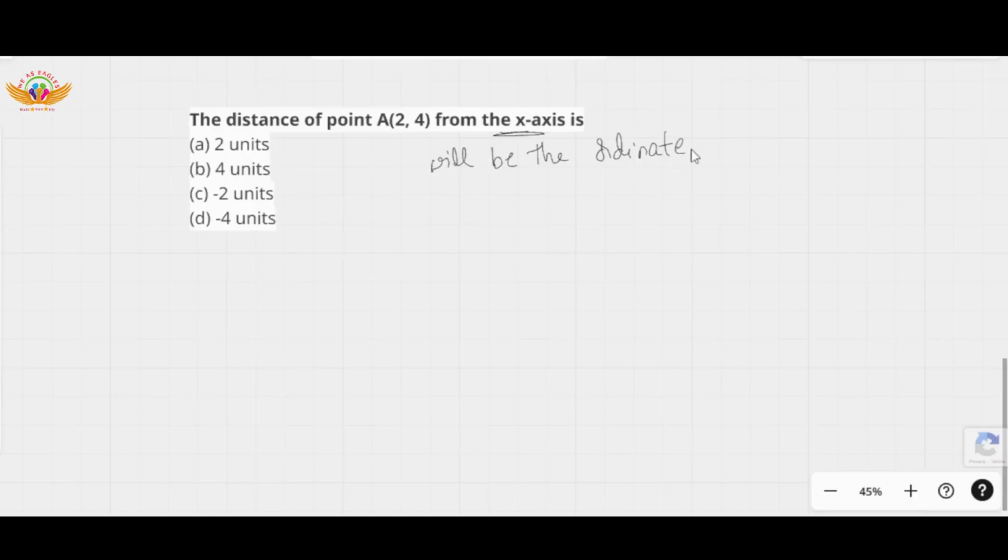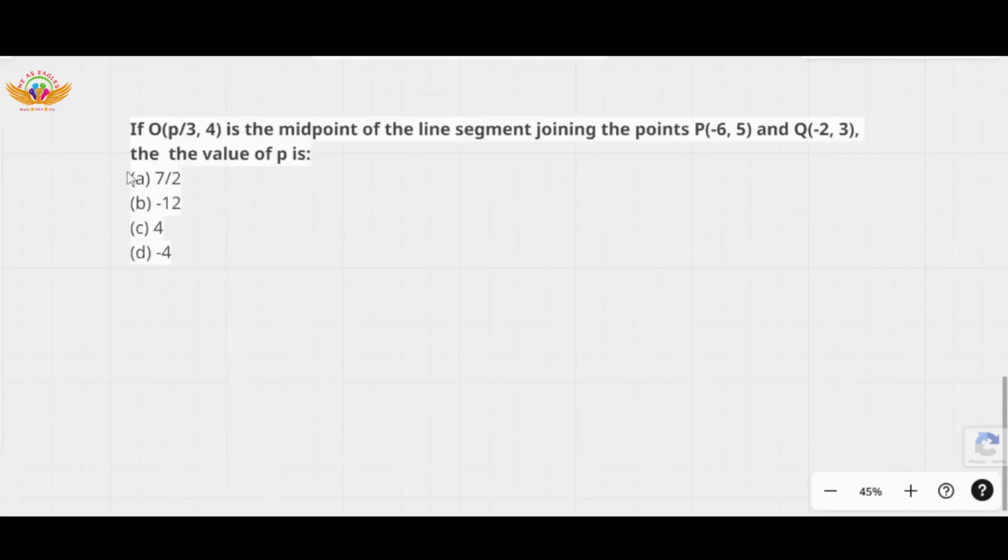The y value will be the ordinate. So whenever a point is passing from the x-axis, the answer will be the ordinate. Just remember this as a standard formula.